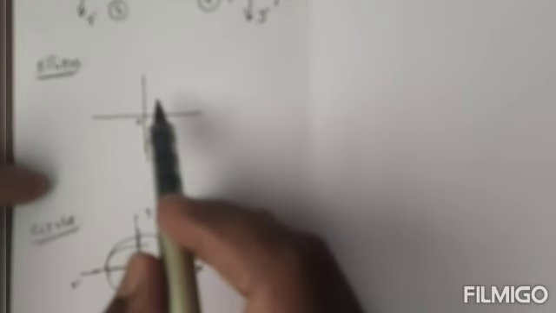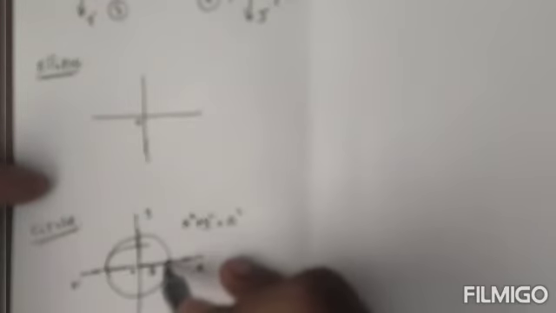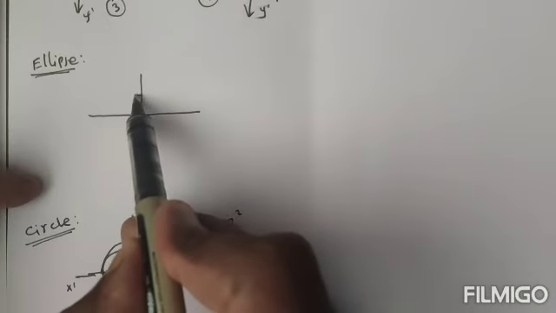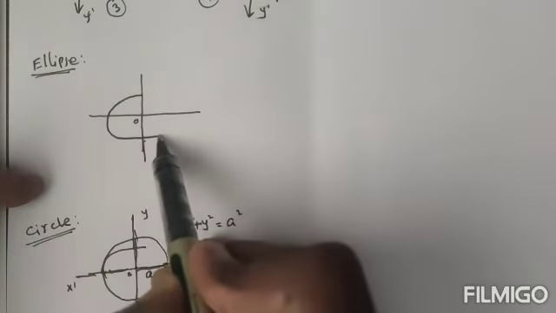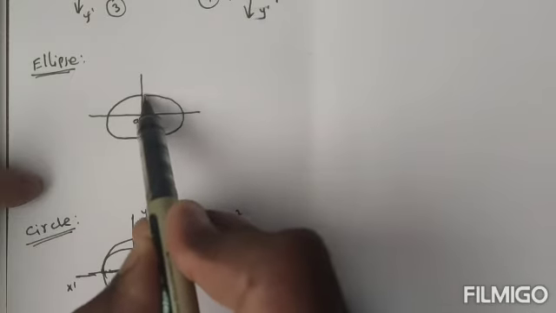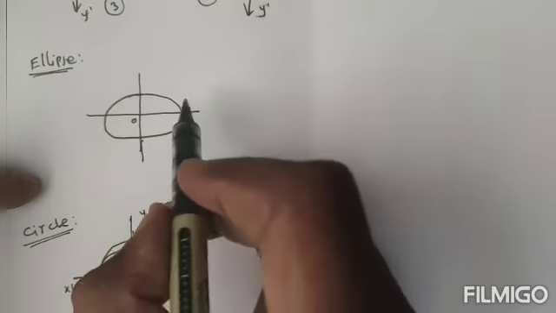But here a and b: a generally represents the semi-major axis radius, b represents the semi-minor axis radius. Now let's see this elliptical shape diagram, you can understand easily. This is the elliptical shape.